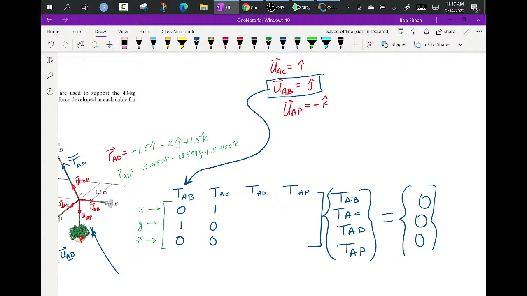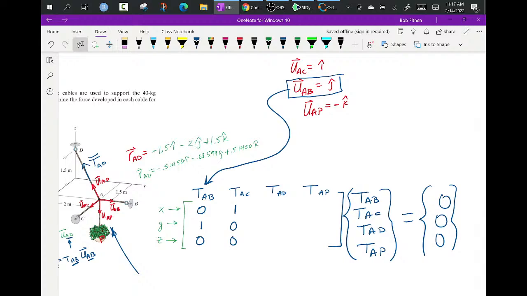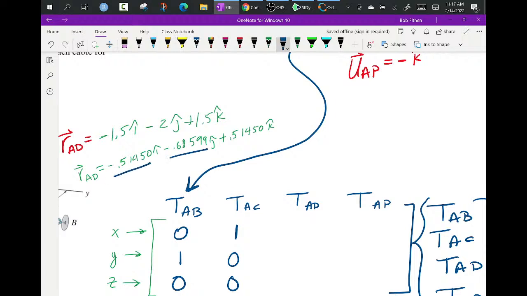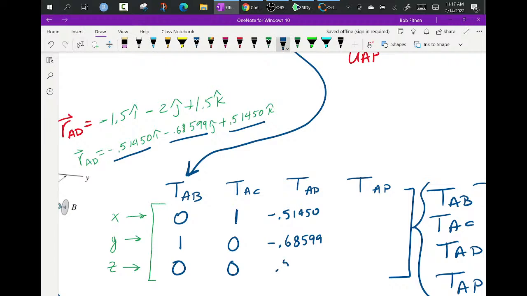TAD. Now that's the one with lots of numbers. So I'm going to have to copy this number, then that number, and then that number. Minus 0.51450, minus 0.68599, and I know there are other digits, but for the time being, that's good enough. 0.51450.